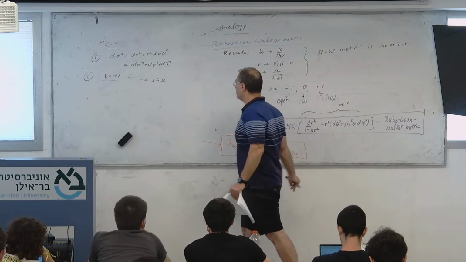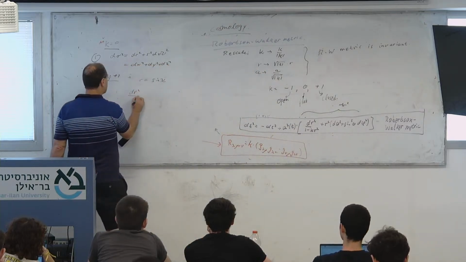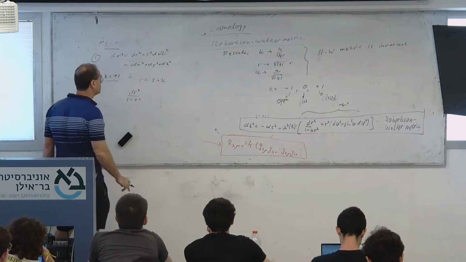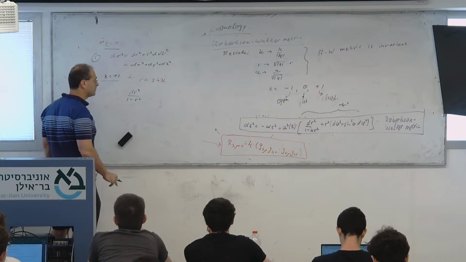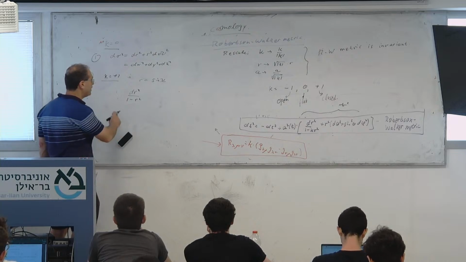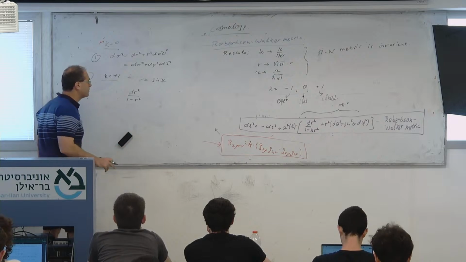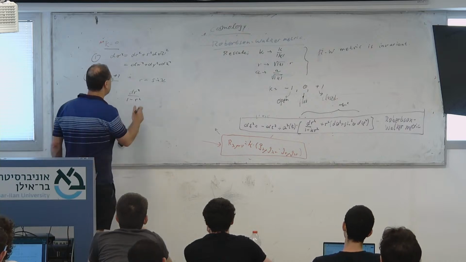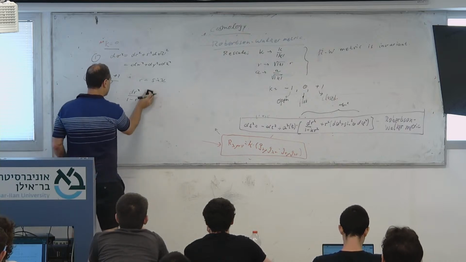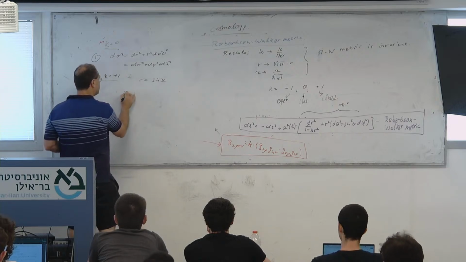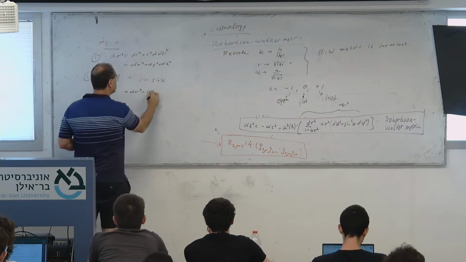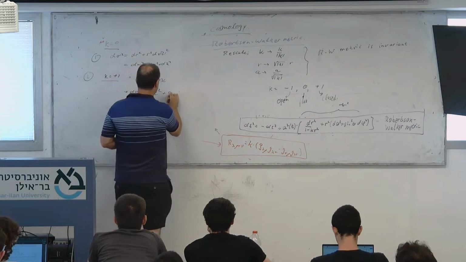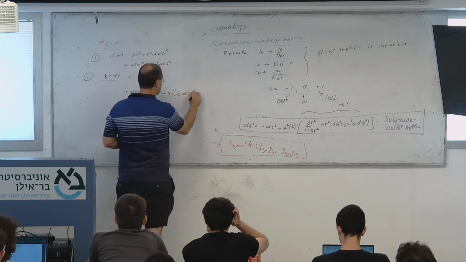What is that? dr is cosine chi d chi, and 1 minus r squared is cosine squared chi, so you end up with just d chi squared. So d sigma squared is d chi squared plus sine squared chi d omega squared.